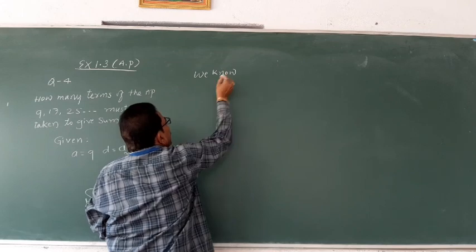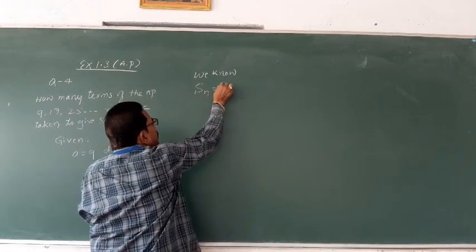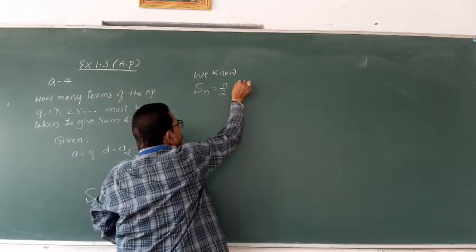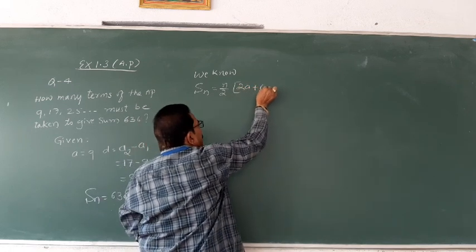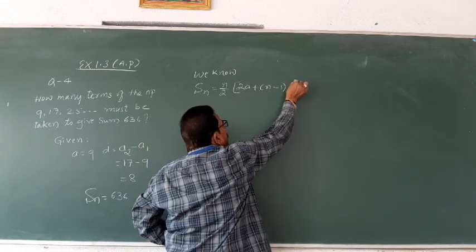we know Sn equals n by 2 in the big bracket 2a plus (n minus 1) into d.